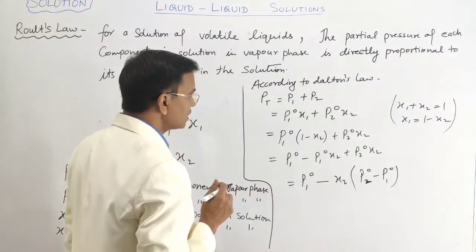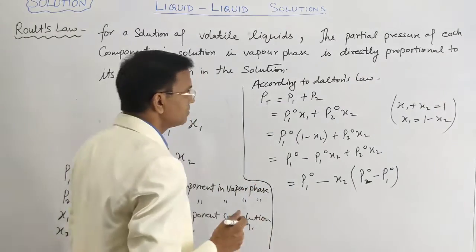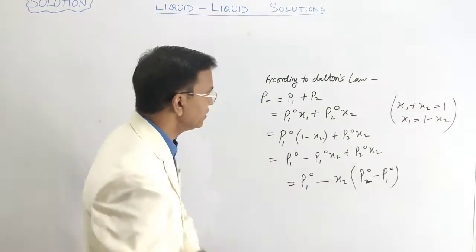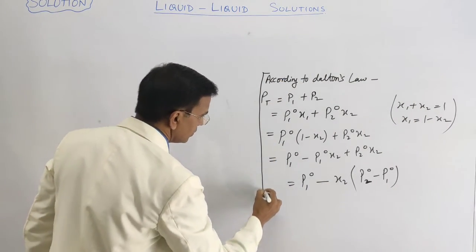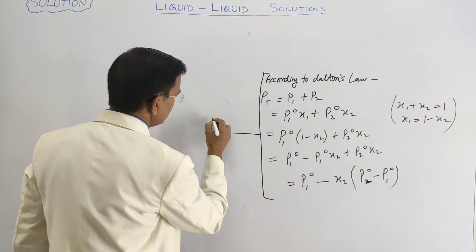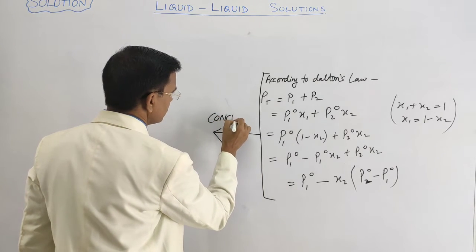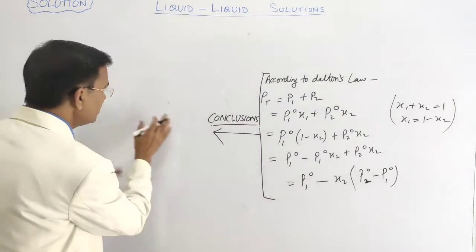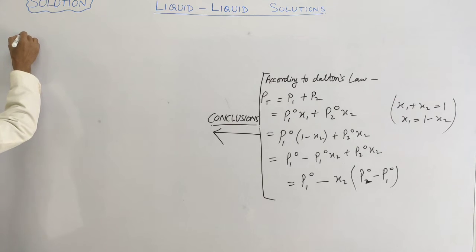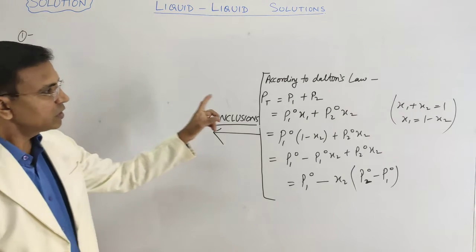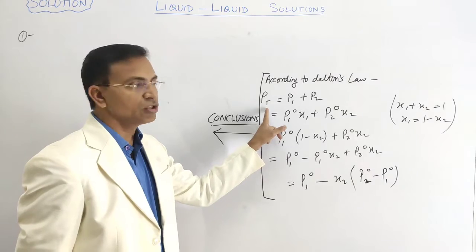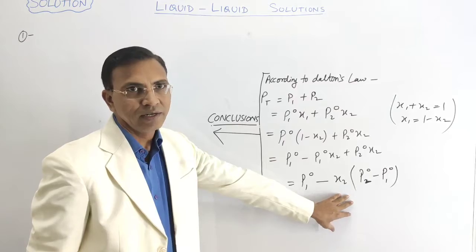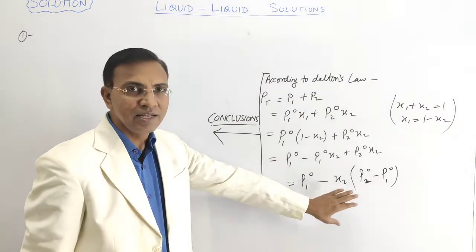Now, according to this observation, some conclusions come, right? What are those conclusions? Let us describe it. So now, the conclusions of this equation. I am going to write this side. The first is the total vapor pressure of the liquid solution can be related to the mole fraction of any one component directly. Right? Means that it is linearly variable.